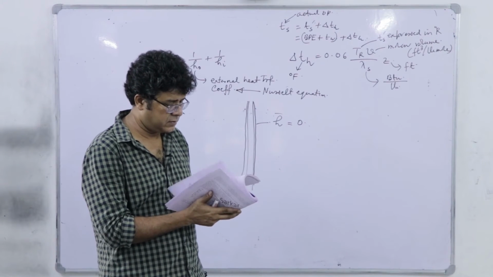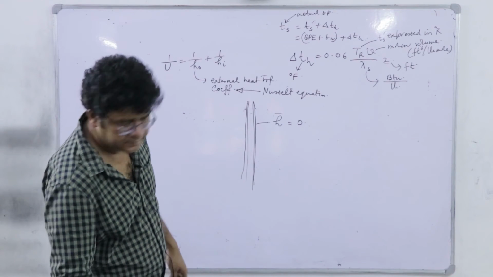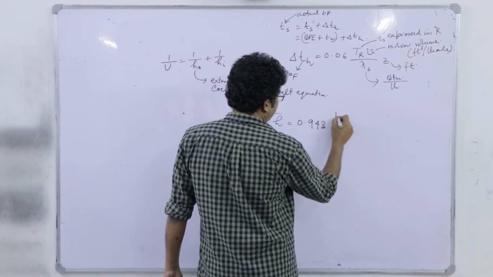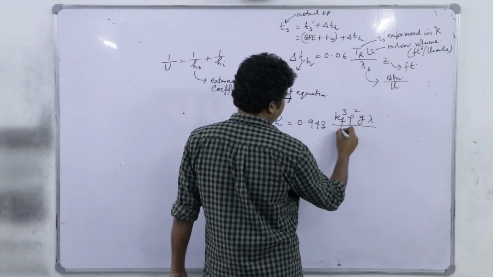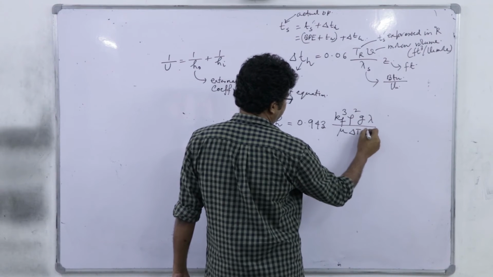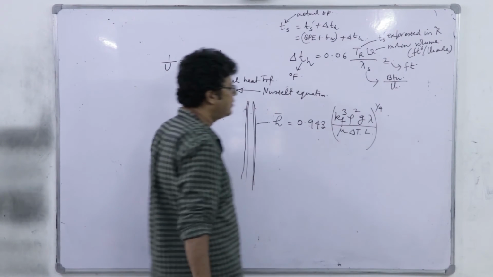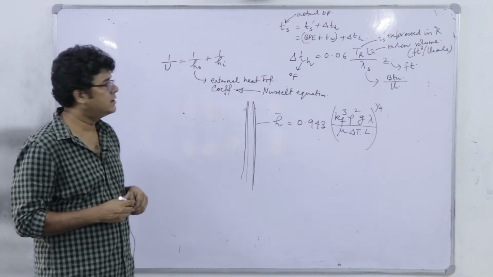Let me check once again. Yeah, 0.943 times (k_f cubed rho squared g lambda divided by mu delta T L) whole to the power 1 by 4. So that's the Nusselt equation by which we can solve it, right?